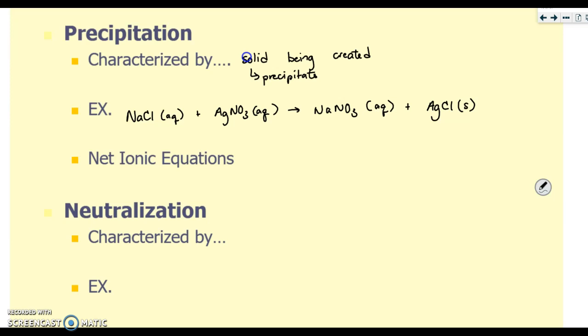There is something called a net ionic equation that also exists. In the net ionic equation, you basically take whatever the solid was and break it into its ions. So the silver chloride was the solid.